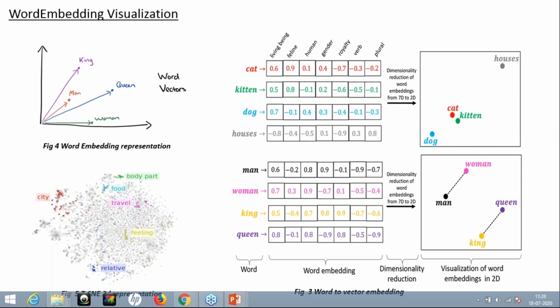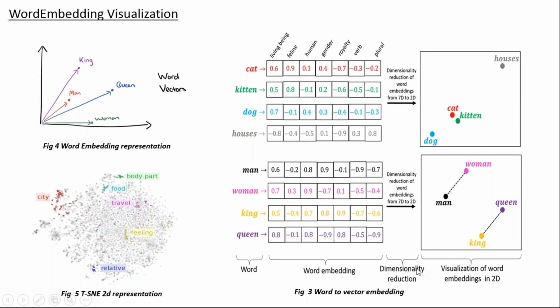The machine can actually learn certain attributes for each of these words, and these can be represented in a vector dimension space. That is what you see in the boxes to the right. You can see that dog, cat, kitten, and houses are represented in certain vector dimension space. What you see is a two-dimensional projection, though in reality, words will be embedded between 100 and 300 dimensions by the usage of different techniques.